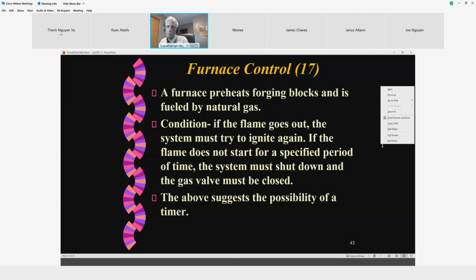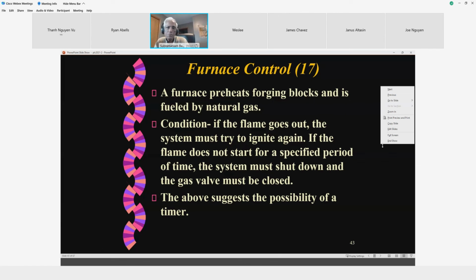Okay? So I've given you the example of the home heating system. Now I am going to go with a case study for a furnace control, which has got not all of it, but the majority of it. So in this case, we have a furnace which is going to preheat forging blocks.